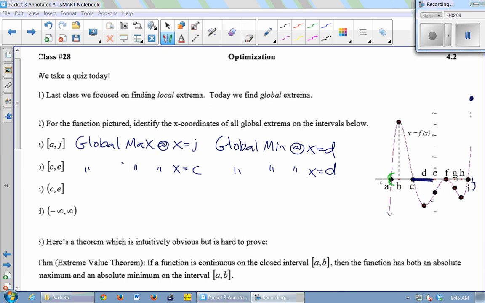Okay, what if I look at the open interval from C to E? So this time I'm not including this endpoint of C. What's the highest value of the function in that interval?